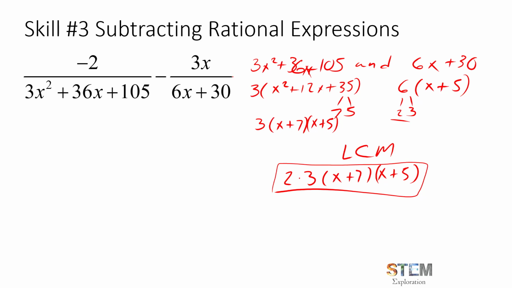So if I multiply this by x plus 7 over x plus 7, that'll get this denominator equal to the least common multiple. That's what I need to do there. And now this guy, all 3 of these terms are already present. And so now all I need to do to this half is multiply by 2 over 2.